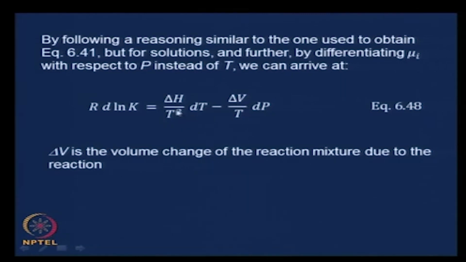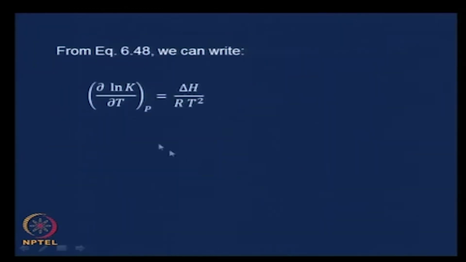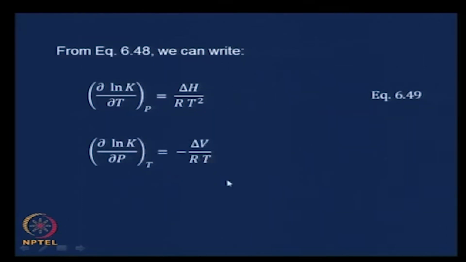So just comparing the terms here, we get ∂ln k/∂T at constant P equals delta H by RT squared, equation 649, and ∂ln k/∂P at constant T equals minus delta V by RT. We will call this equation 650.